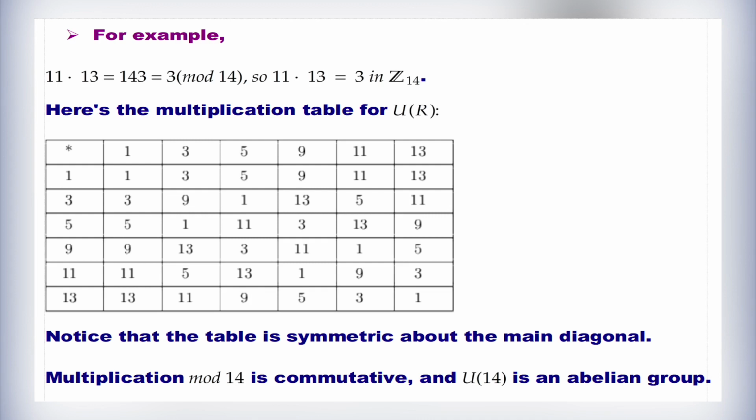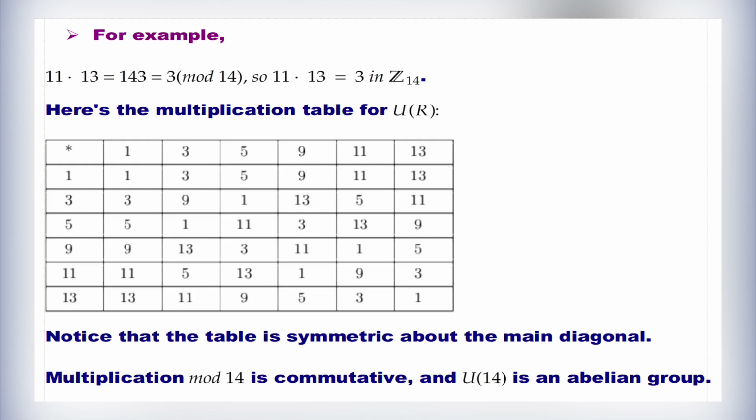So, the answer is 13. Similarly, 3 star 11 is 5, 3 star 13 is 11, 5 star 3 is 1, 5 star 5 is 11, 5 star 9 is 3, 5 star 11 is 13, 5 star 13 is 9, 9 star 5 is 3, 9 star 9 is 11, 9 star 11 is 1, 9 star 13 is 5.